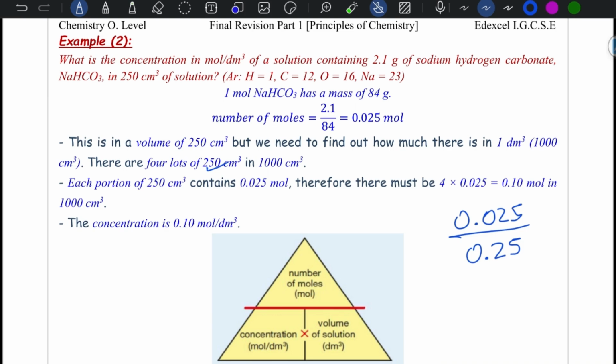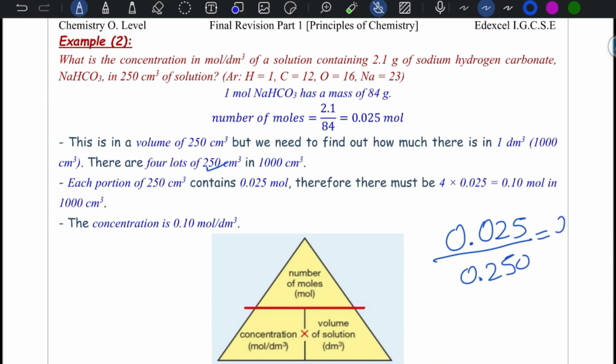You will get the same answer, which is 0.1. 0.025 number of moles divided by 0.250 is equal to 0.10 mole per cubic decimeter, and this is the answer.